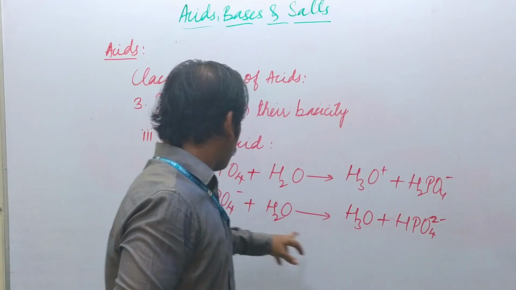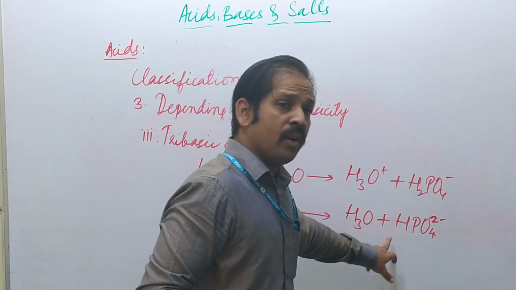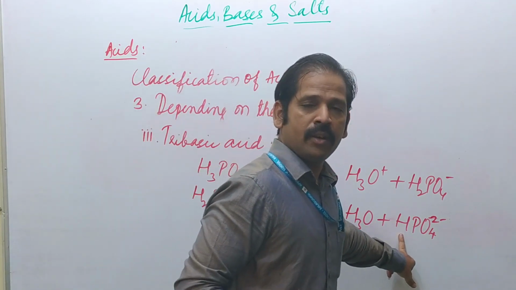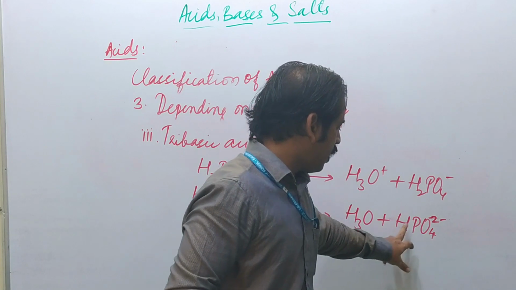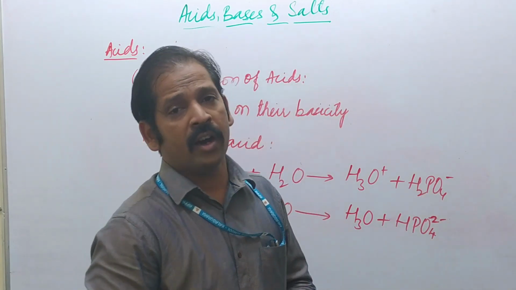Now, from H2PO4 minus we have got 1 hydronium ion, and after the reaction, HPO4 2 minus is there. What to do? In this HPO4, still 1 more hydrogen remained. Once again, a reaction.